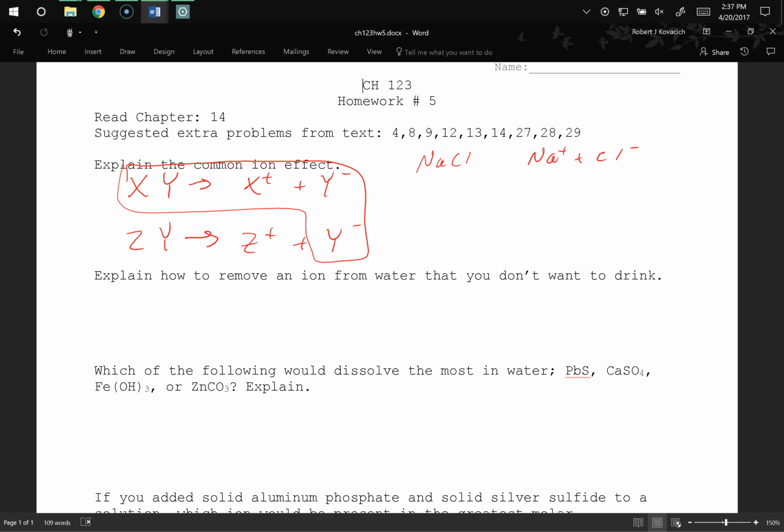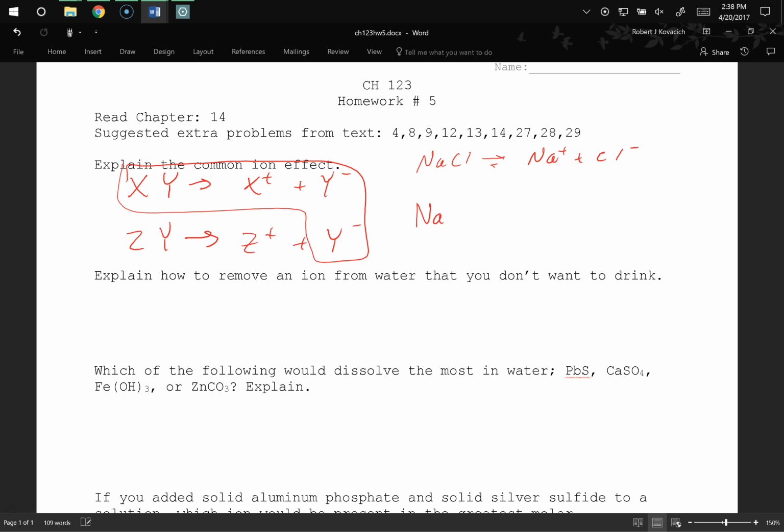We okay with that? It looks more like that though, right? It's, for all practical purposes, all the sodium is dissociated. But let's say that I wanted the sodium chloride to solidify. Is there something I could do to make the sodium chloride solidify?